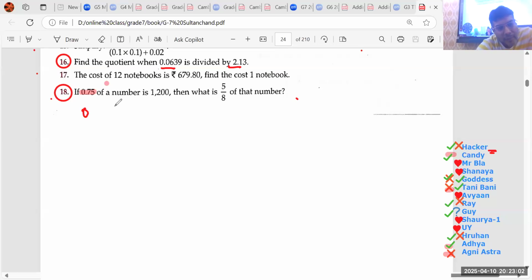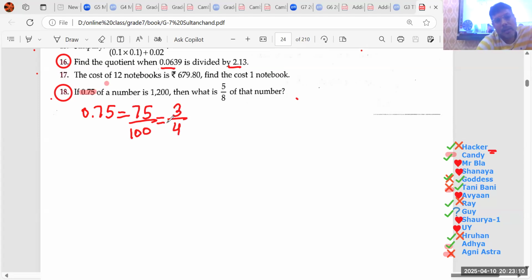So 0.75 is equal to 75 upon 100. That is equal to 3 by 4. So 3 by 4 of a number is 1200. So let the number be x. We did similar questions in the fractions chapter.